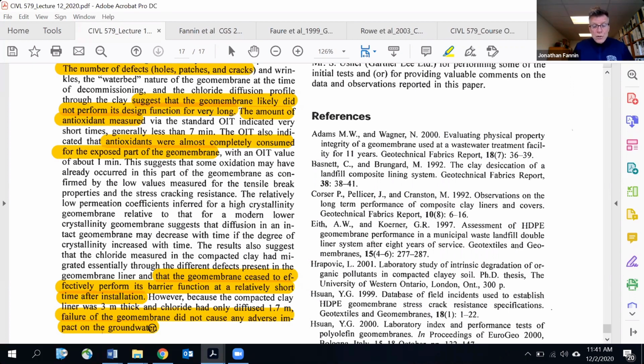And heck, you sure wouldn't want to be relying on the geomembrane alone. The presence of the composite system actually was very good. In fact, you might turn it around and say, why bother with the geomembrane at all?